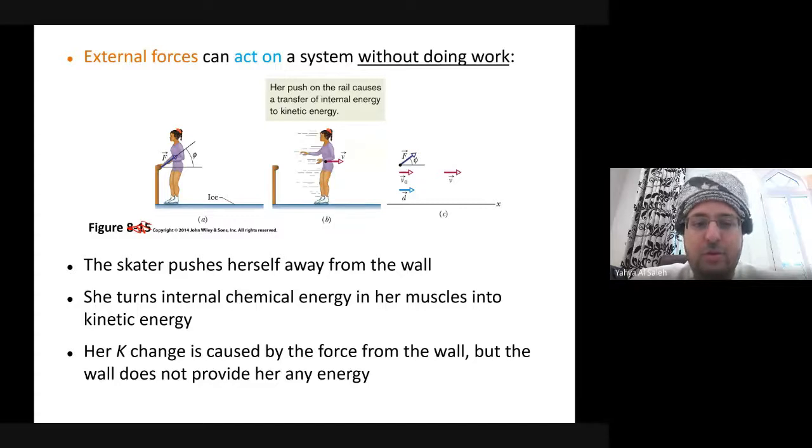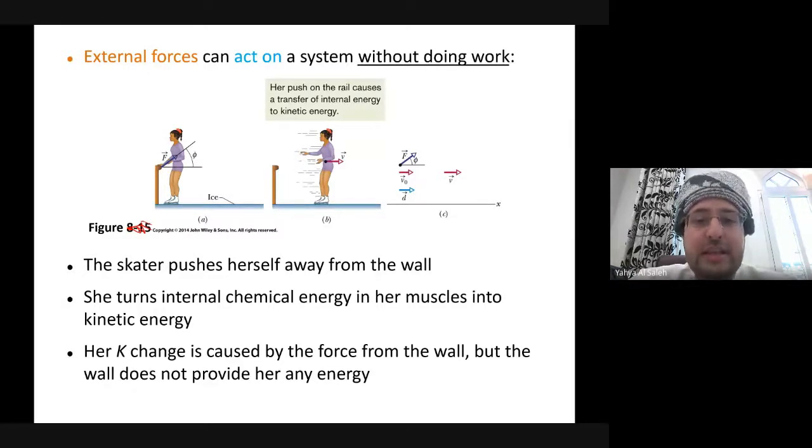How so? Consider, have any of you ever done ice skating? Consider an ice skater. You're holding the rail and you push yourself away from the rail. What's happening is the skater is turning her internal chemical energy into kinetic energy.